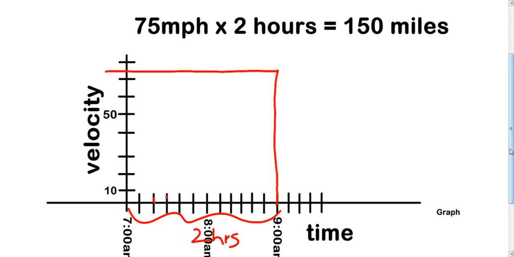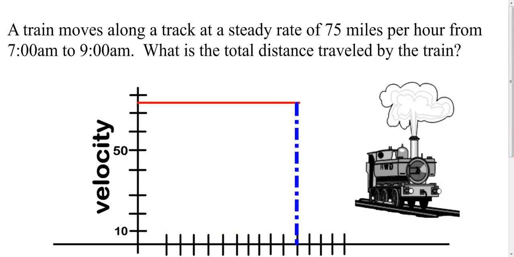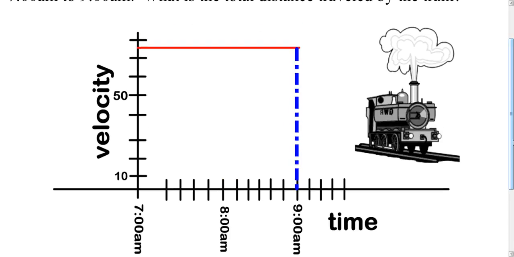Okay, what I could do is figure out the area of that little box right there. Again, I know that I'm going from 7 o'clock to 9 o'clock. This is 2 hours. My velocity, or my y value, or the height of my rectangle, is 75.